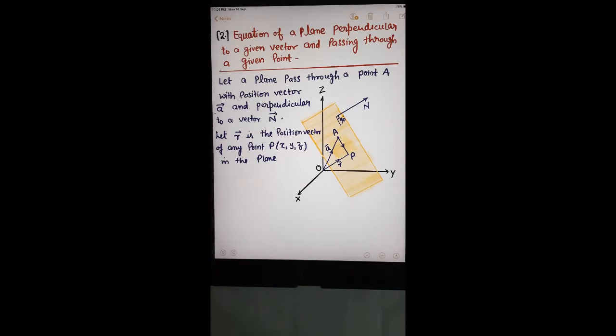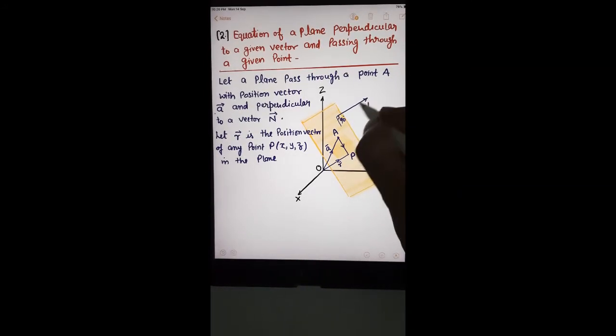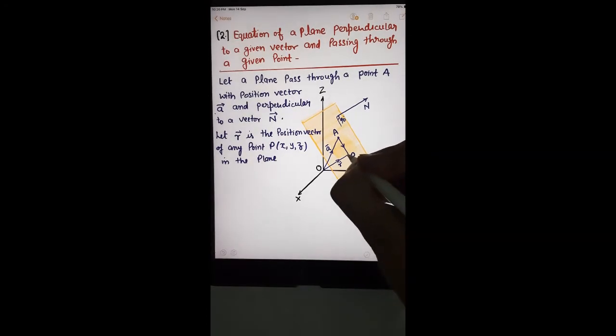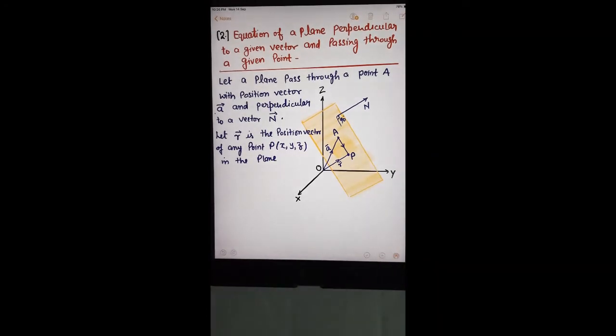The plane is perpendicular to a vector n, which means it is making a 90-degree angle with the plane. Now let r be the position vector of any point P. So P is a general point that lies in the plane. Its coordinates are x, y, z, so its position vector is small r.